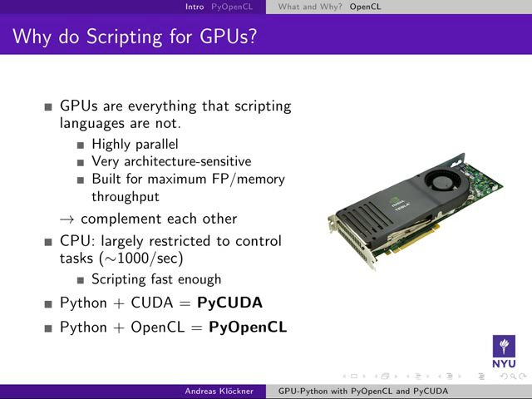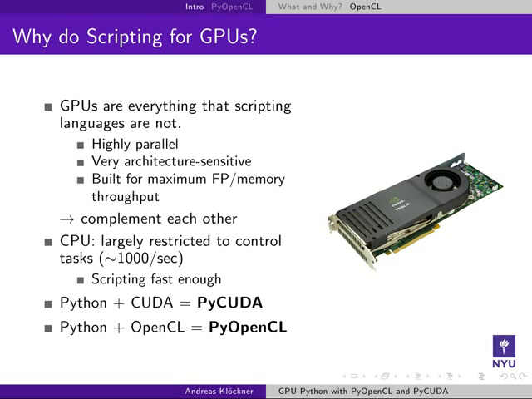GPUs are very parallel, they're very fast, they care to some extent really about how they are programmed. For Python, pretty much the opposite is the case. It's really not that parallel, it's really not that fast, and it really doesn't care exactly where it runs from a cell phone to a big supercomputer. It's pretty much the same language everywhere.